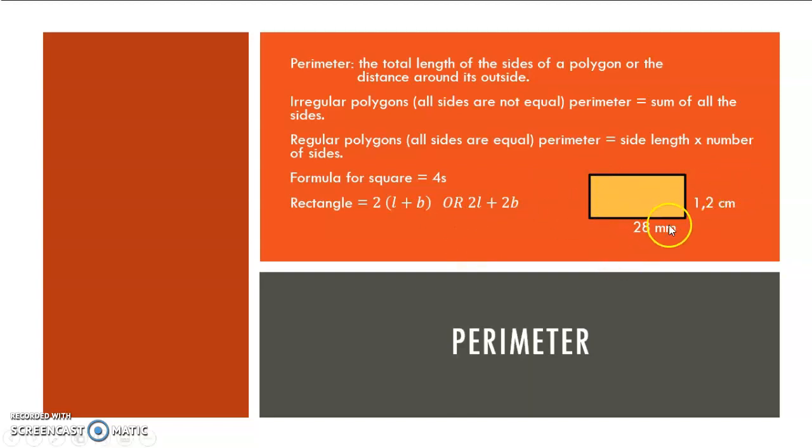So for instance, if we look here, we will first need to convert 28 millimeters to centimeters, which will then be 2,8 centimeters plus 1,2 centimeters, which will give me 4 centimeters times 2, so it will be 8 centimeters all around. Or I can take centimeters to millimeters, which will be then 12 millimeters.